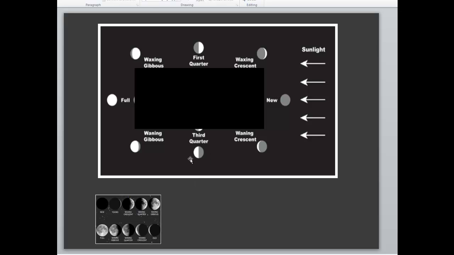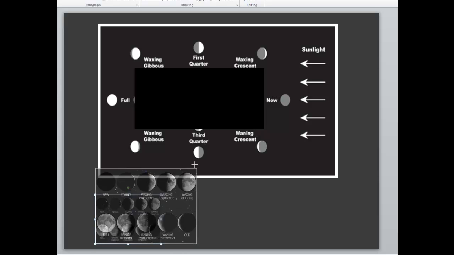And here's our third quarter, more of the shadow starting to cover up the moon, so it is waning again, getting smaller. And then here, the shape of the crescent, the shadow is on the right, moving to the left. In the next few days, it will cover it up more, to remind you that this is a waning crescent.